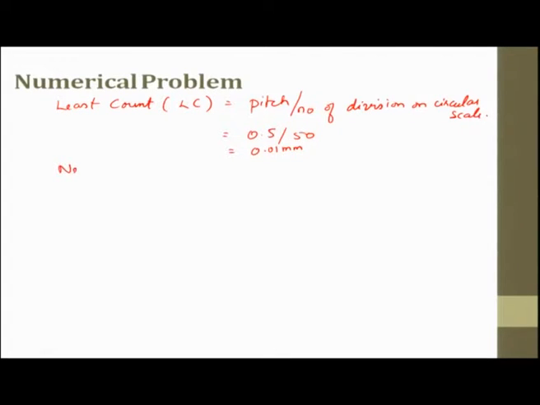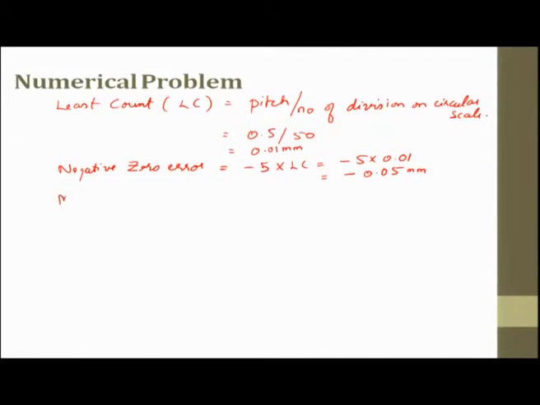So, the negative zero error is nothing but minus 5 times LC, which is minus 5 into 0.01, which is minus 0.05 millimeter.